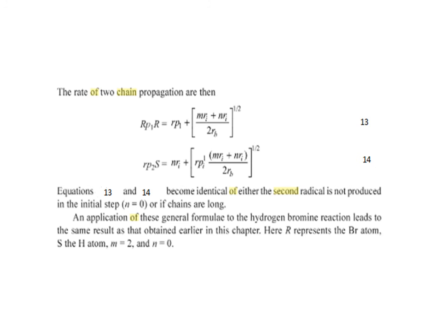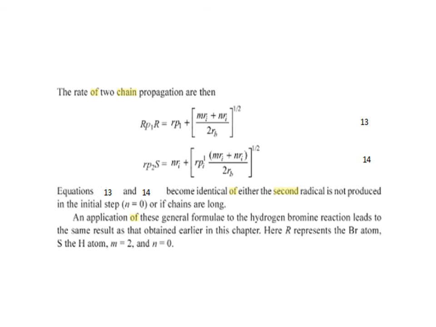Again, the rates of two chain propagations are then RP1R, that is equal to RP1 into the square root of (MRI plus NRI over 2RB). This is equation number 13.